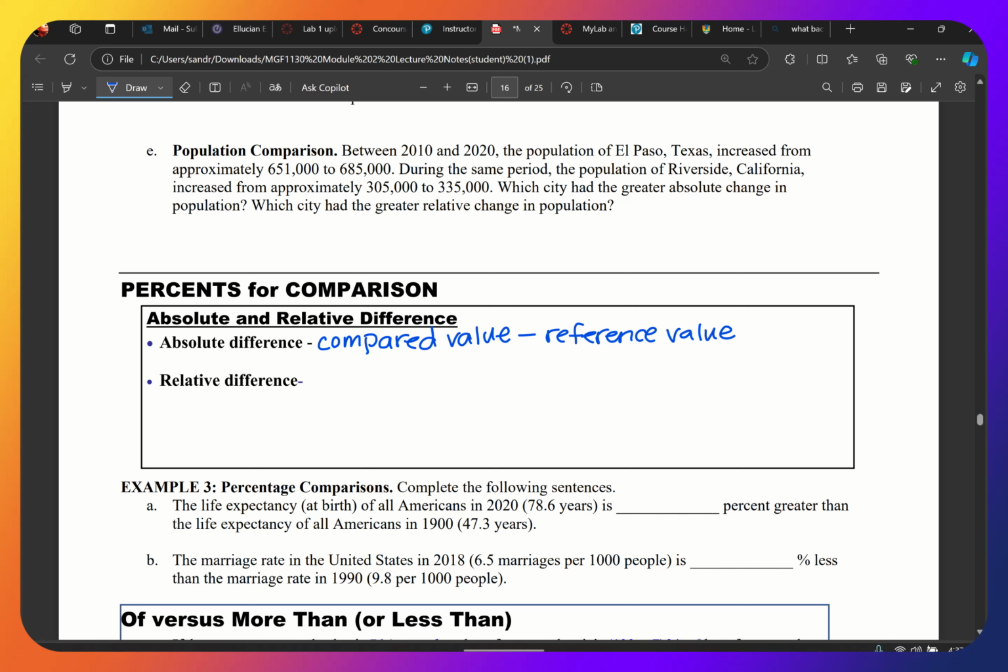The relative difference is going to be the absolute difference over the reference value. Times 100%.